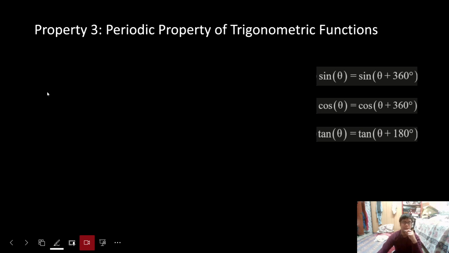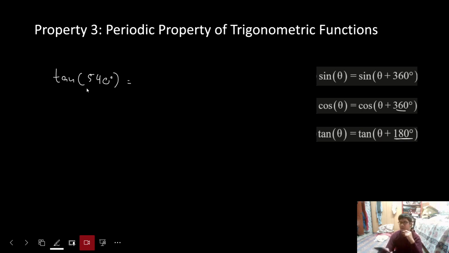Now let's try another one. Let's say we have tangent of 540 degrees. We'll do the same thing, but instead of 360 degrees, it's 180. What angle, if you add 180, gives 540 degrees?